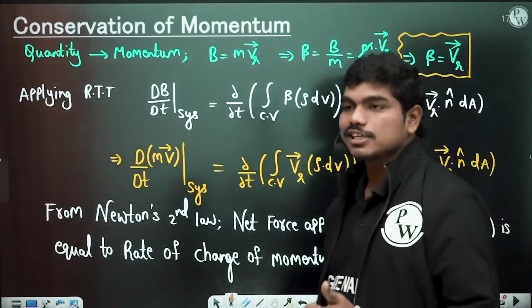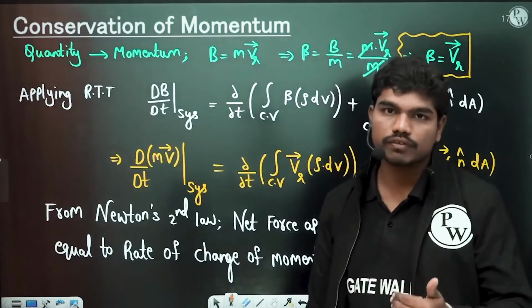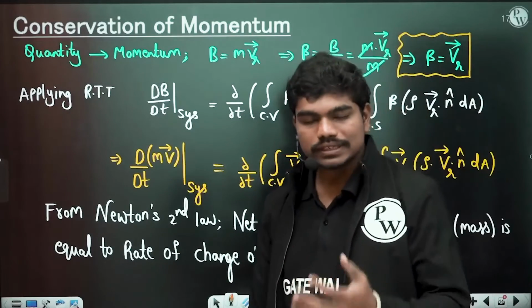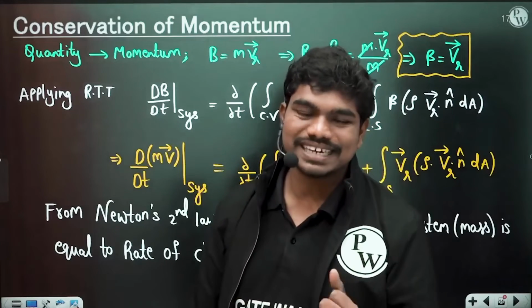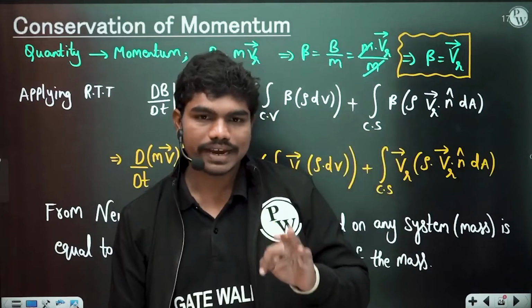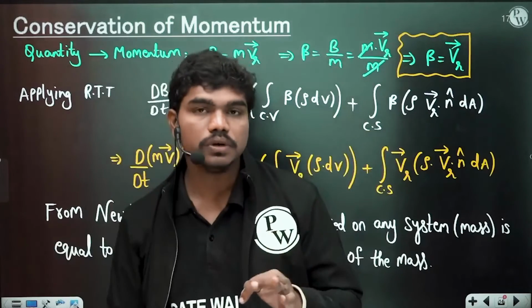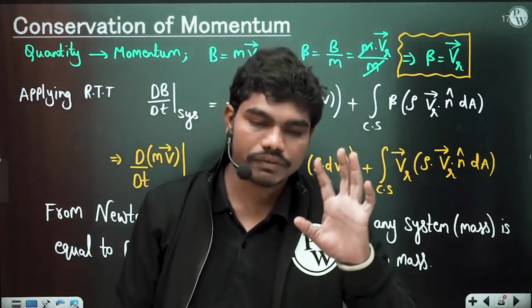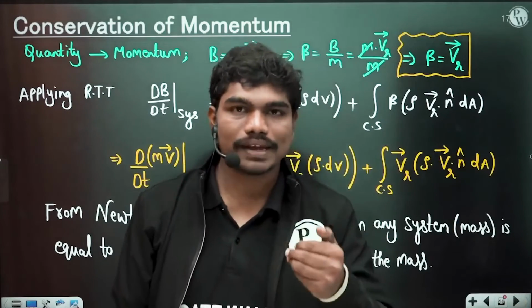If you apply the Reynolds Transport Theorem for the momentum of the flow, you can get it this way. In the next lecture, we will see a lot of applications of this linear momentum equation and the angular momentum equation. All your doubts, why this v is substituted as v minus u, why there is a plus sign, why there is a minus sign, why you have taken this as positive and this as negative, we will talk about all these things in the applications.